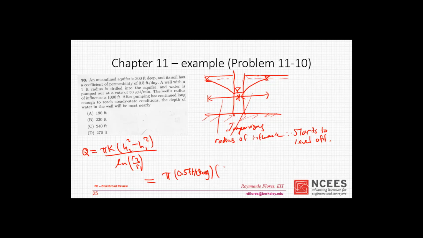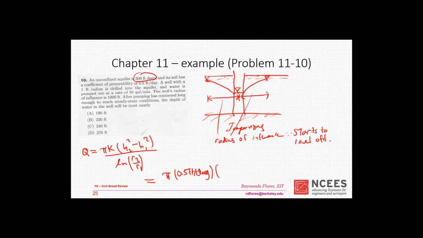And then h2 squared. Let's see, a well with a 1 foot radius is drilled into the depth of the water in the well. Okay, so we don't know what H1 is, but we know what H2 is. It says it's 300 feet deep, so we see here that this is 300 feet deep.